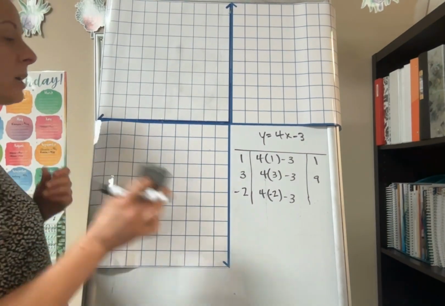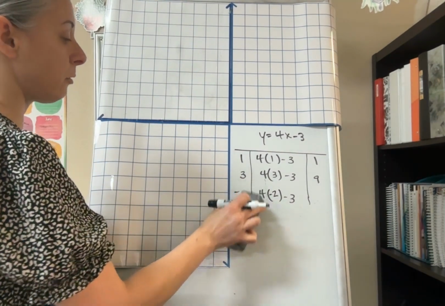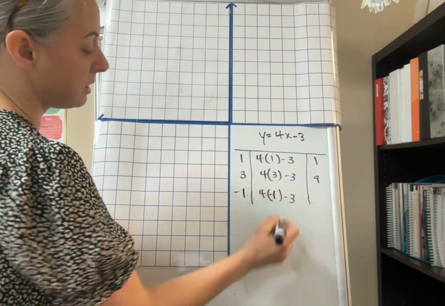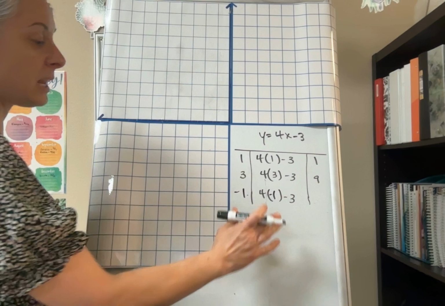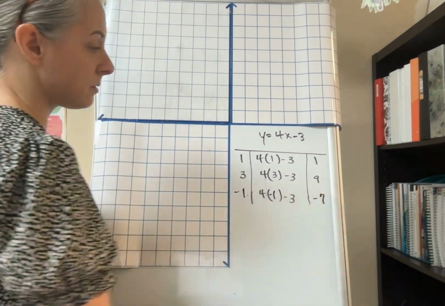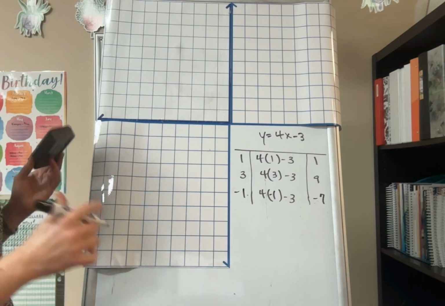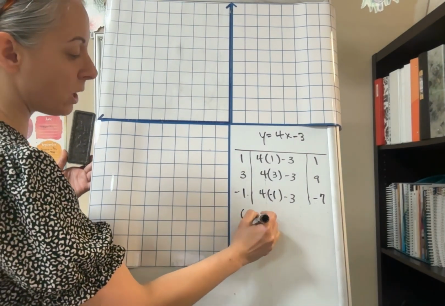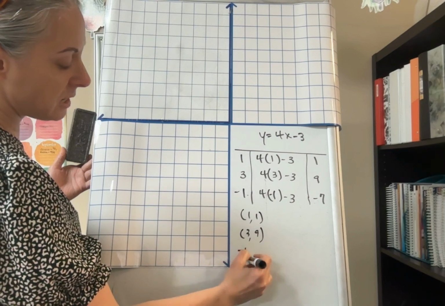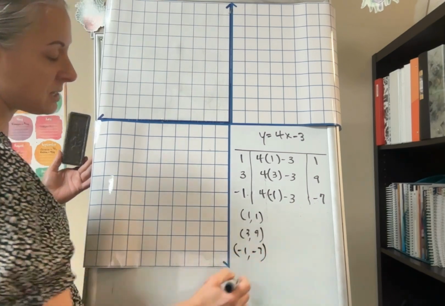Oh, that won't work either because that's going to make an 11, and we don't have room for 11. Let's go with a -1. 4 times -1 makes -4, -5, -6, -7. Okay, so we now have 3 ordered pairs that we can graph. We've got 1, 1, 3, 9, and -1, -7.